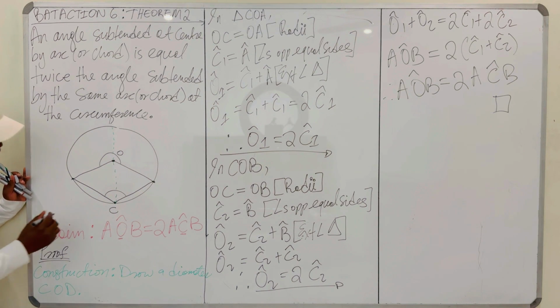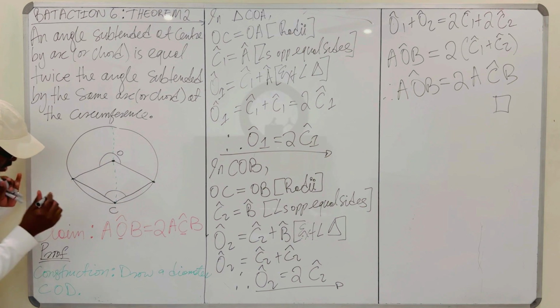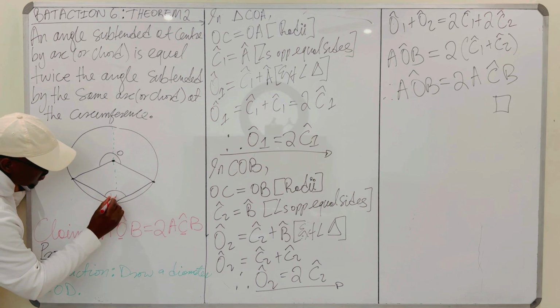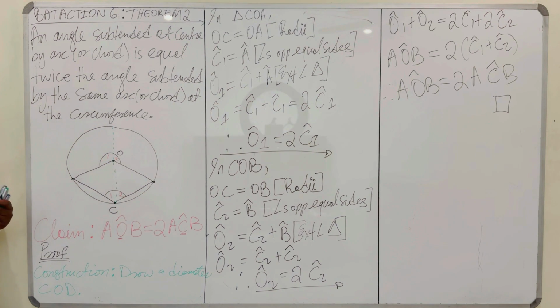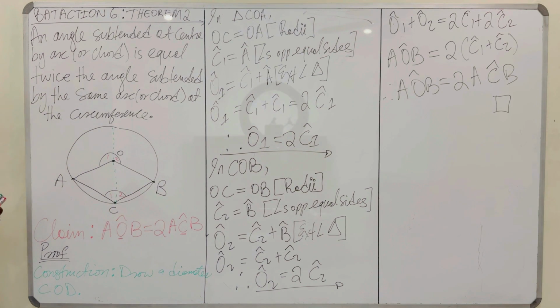I'll say this is C1, for this triangle, this is C. C1 this side, C2 this side. Is everyone happy? So the first thing, I look at triangle COA. This is my A, and this is my B. Where is COA? It's this one here.